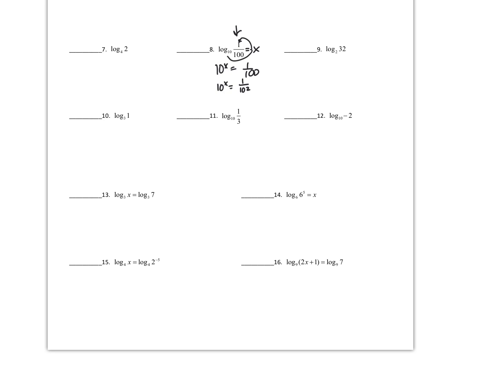And then what could I do to make it not a fraction? If I move it up, this becomes 10 to the negative 2, right? So then what is x? Negative 2, because the bases are the same, the powers drop down, so my answer is just negative 2.